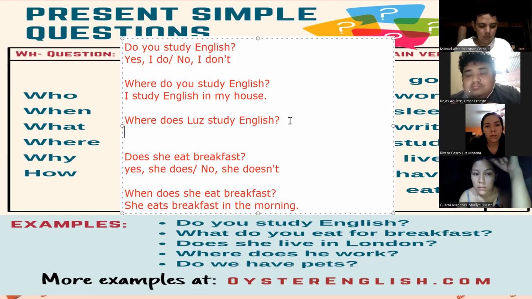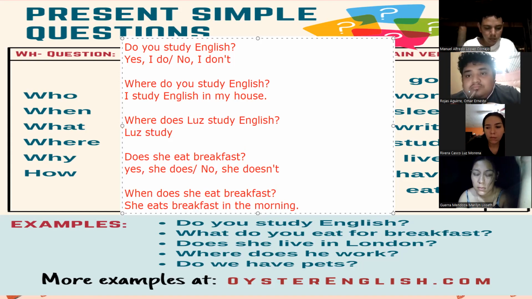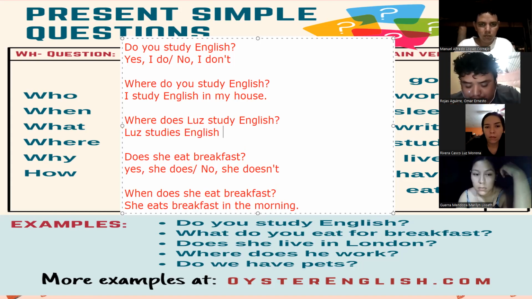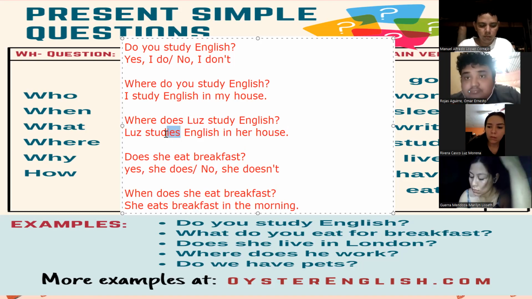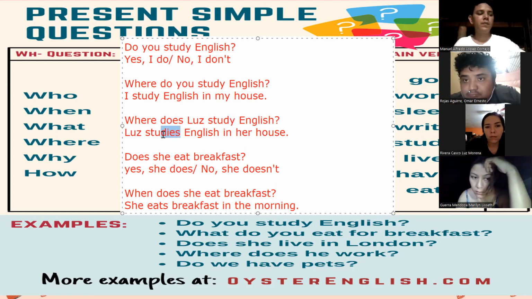Ahora, the answer will be, Luz studies, porque eso es afirmativo. Luz studies English in her house. En su casa. Okay? So I said, Luz studies. Miren, aquí sí cambia. Here, you don't change. There is no change. But in the answer, yes, you change. Okay?